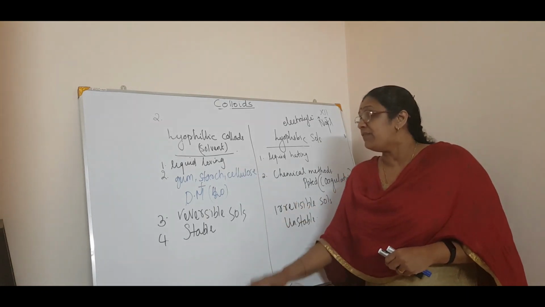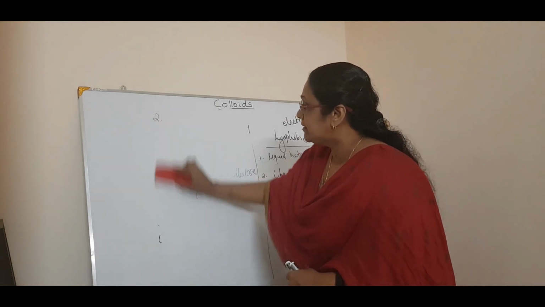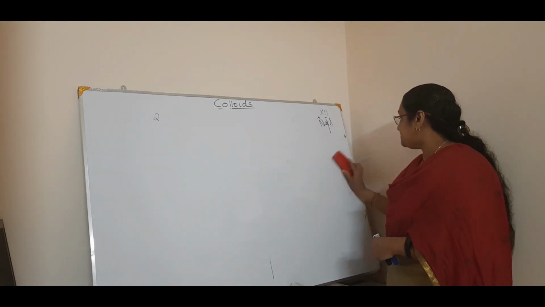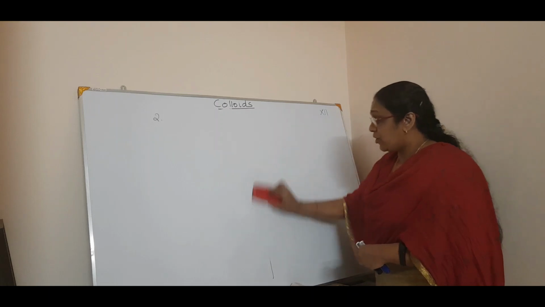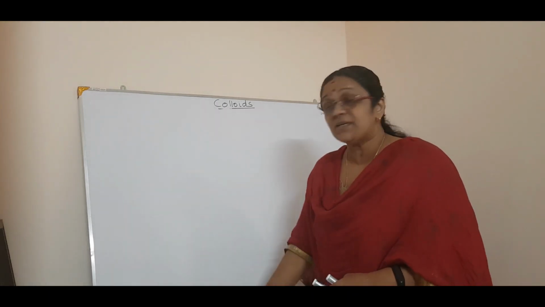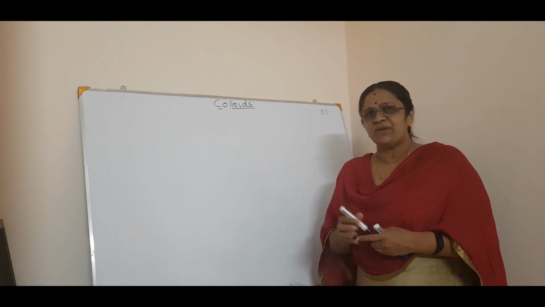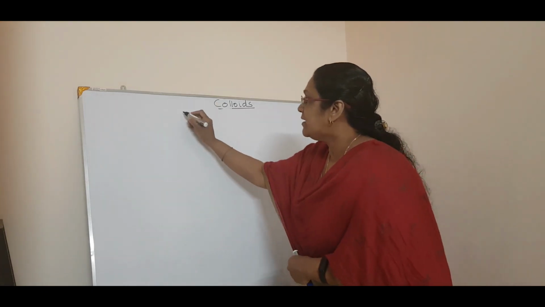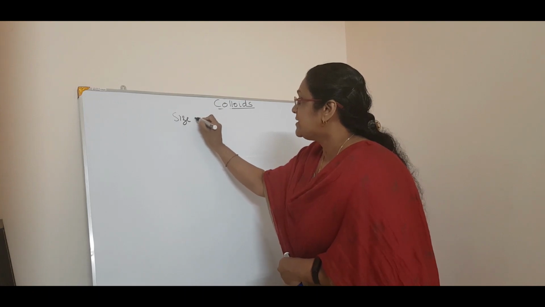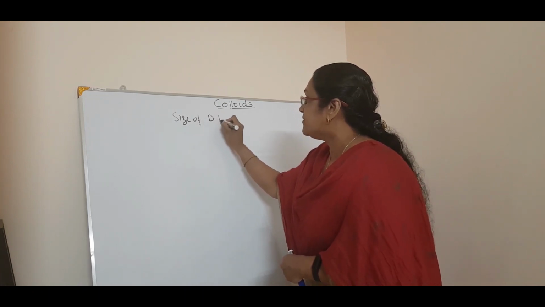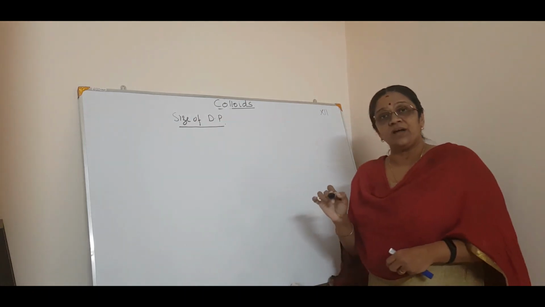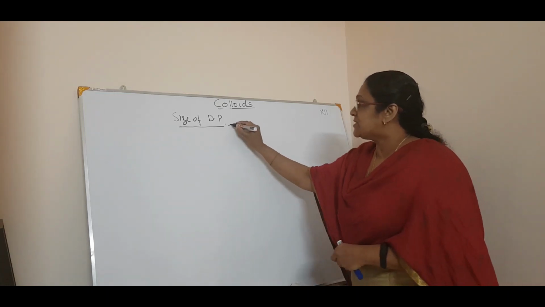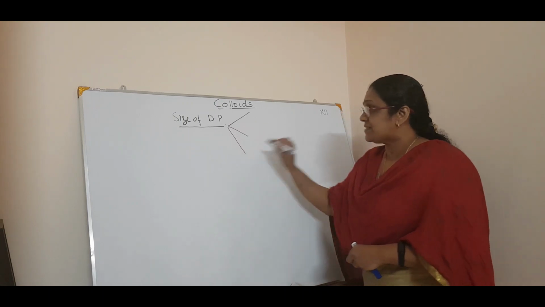Now we will move on to the third and the last method of classification, that is depending on the size of the dispersed phase. Now you are clear with what is dispersed phase and dispersion medium, isn't it? Coming to the size of the dispersed phase, you can have three categories.